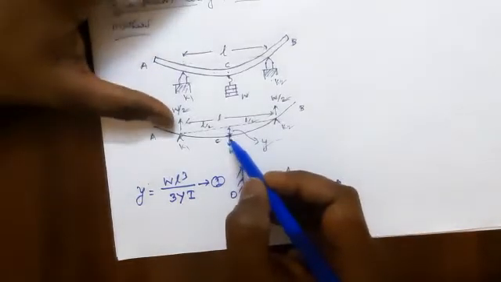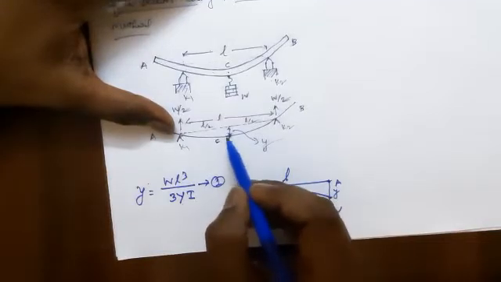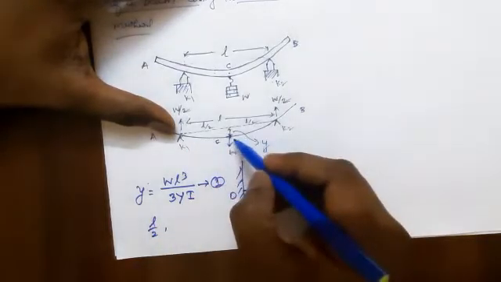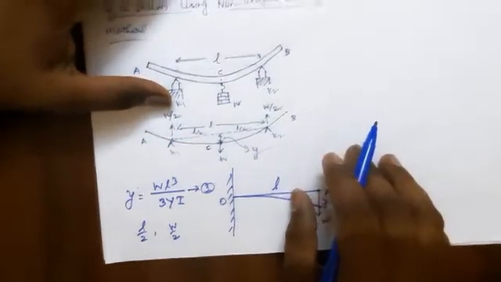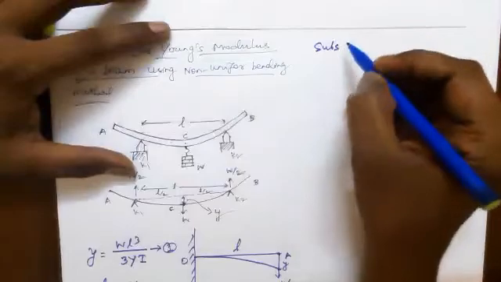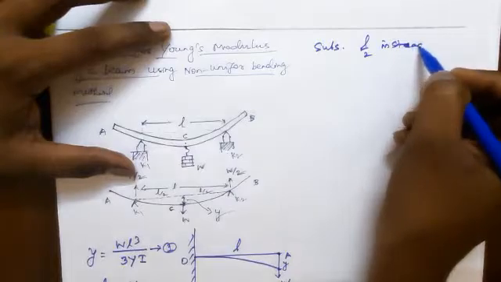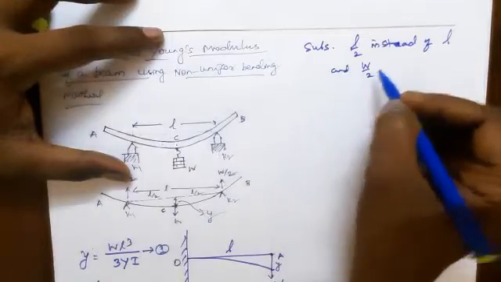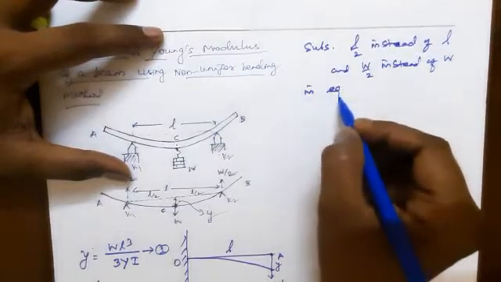In our problem, the length of the cantilever is L by 2 and the load is W by 2. Therefore, substitute L by 2 instead of L and W by 2 instead of W in equation 1.